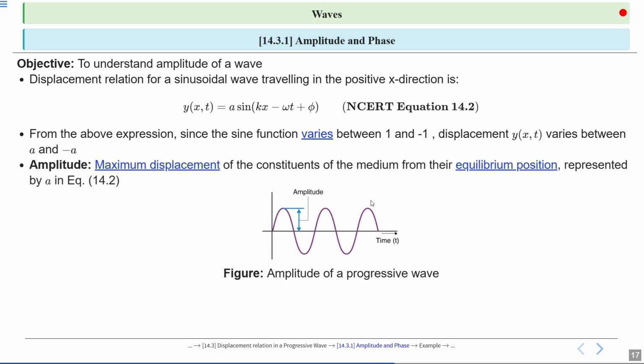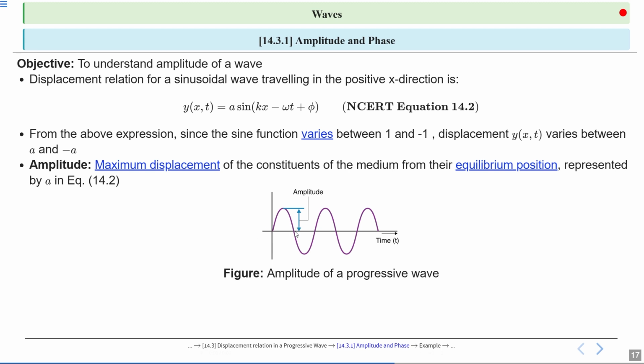So now let's define amplitude more clearly. Amplitude is the maximum displacement of any point on the wave from the equilibrium position. In our equation, it's represented by small a.